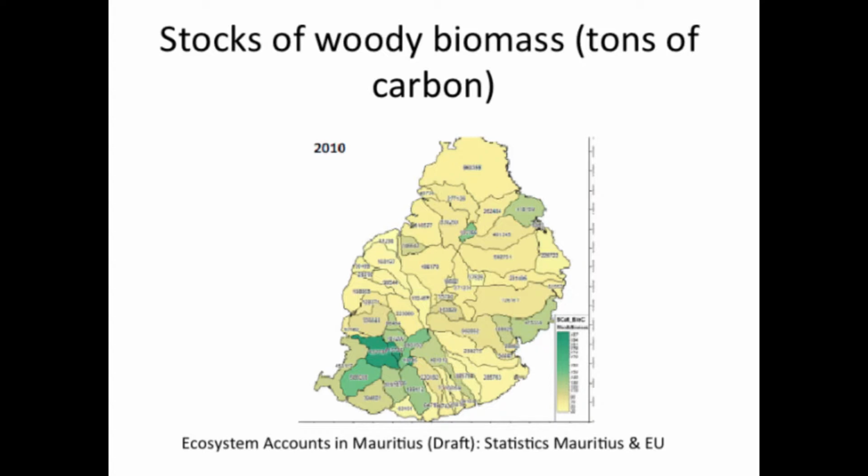Here we might just use the term biocarbon asset account or carbon capital account for these ecosystem assets, or for these non-overlapping spatial areas that make up the nation of Mauritius. And these are the river basins or the drainage basins for Mauritius, shown here, along with some information on the stocks of, in this slide, the woody biomass, the tons of carbon of biomass in the woody vegetation for each of those spatial areas.